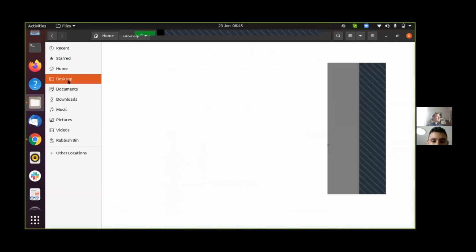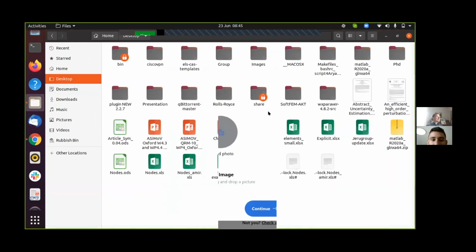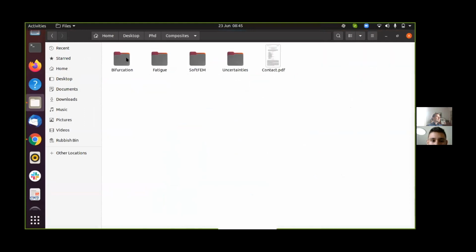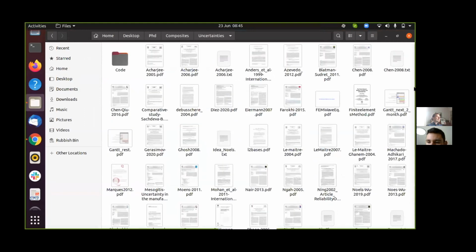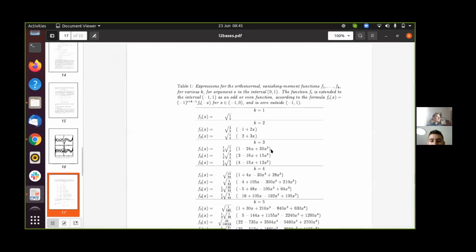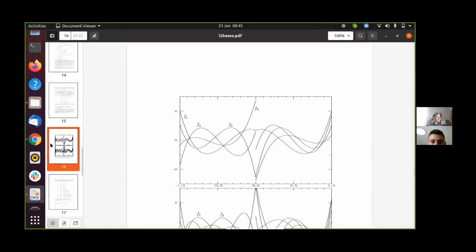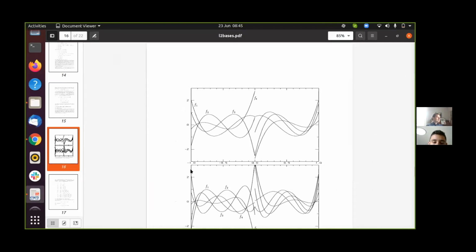Okay, so I'm just going to show you an article where these functions are. This is how the mixed expansion looks like, and instead of f, just replace this function by psi, and normally you should have a good intuition of what these functions are. You see the scale is between -1 and 1.